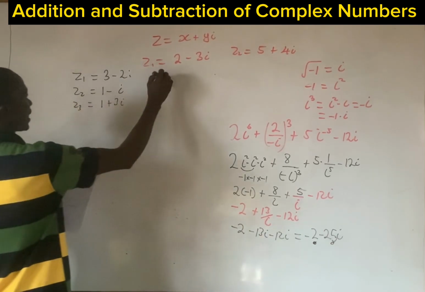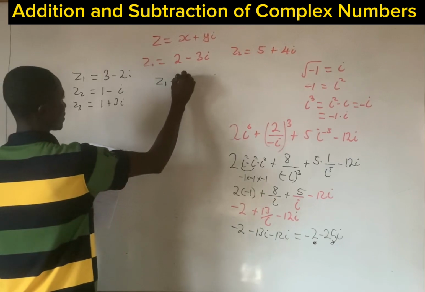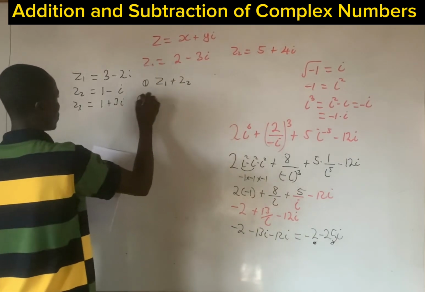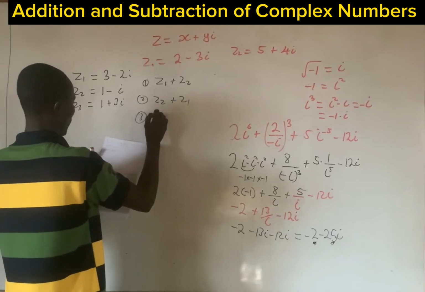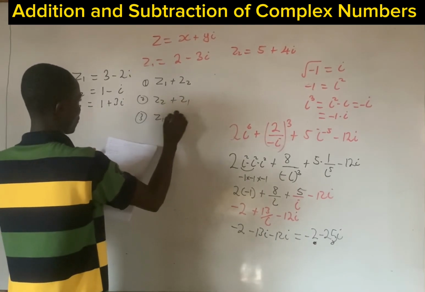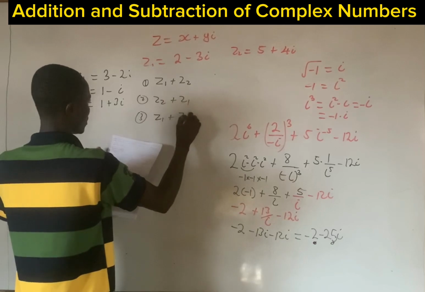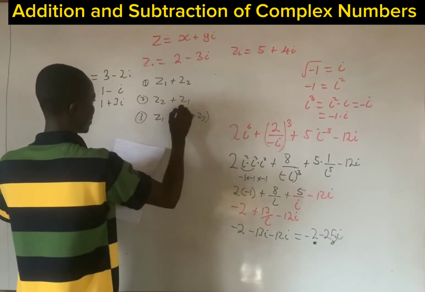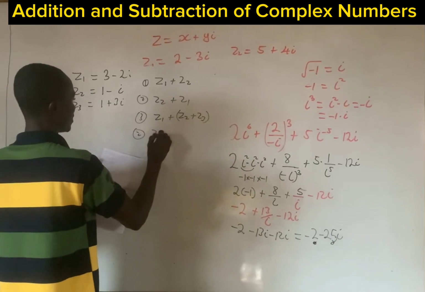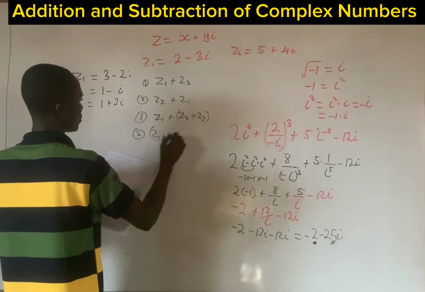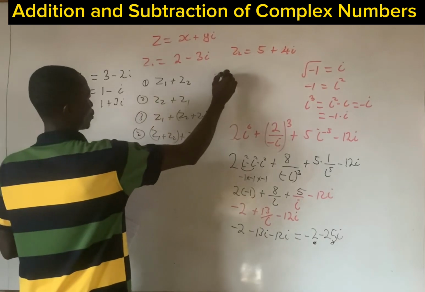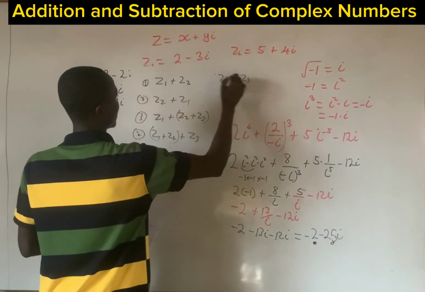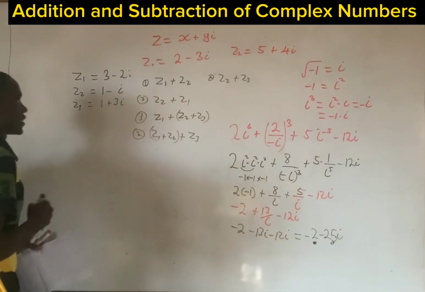Then we find z1 plus z2, then we find z2 plus z1, then we find z1 plus z2 plus z3. Then again we find z1 plus z2 plus z3. But let's also find z2 plus z3 somewhere else here and see.